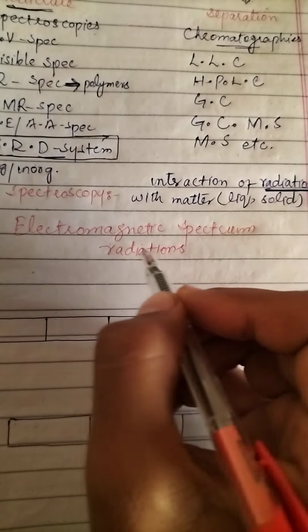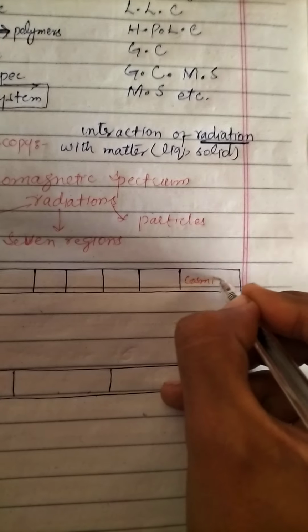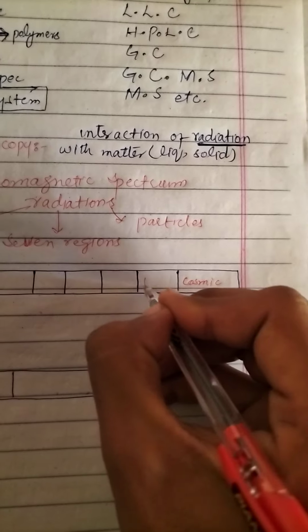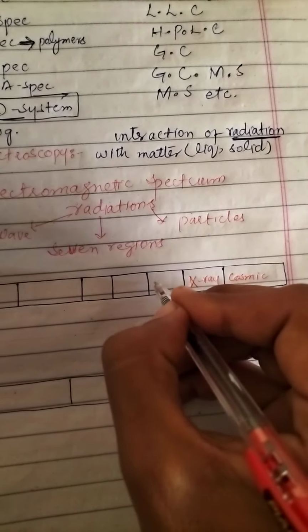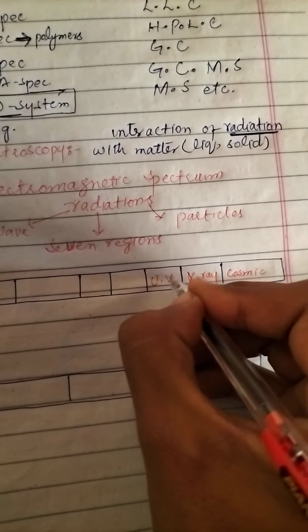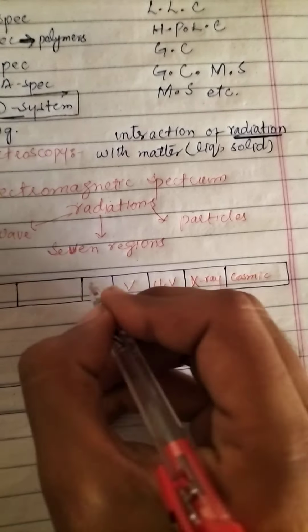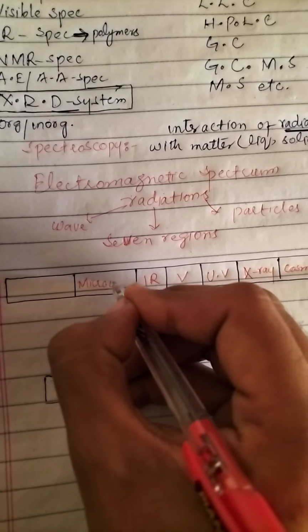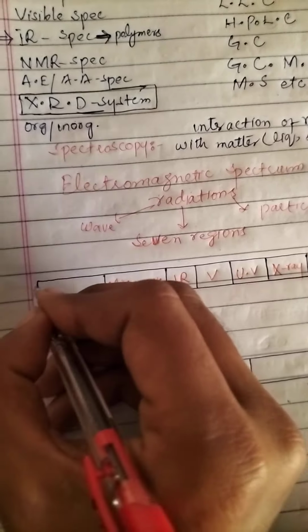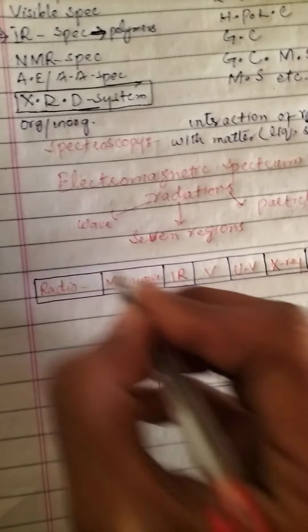The seven regions start from the cosmic region, X-ray region, ultraviolet, visible region, IR region, microwave, and radio wave region.